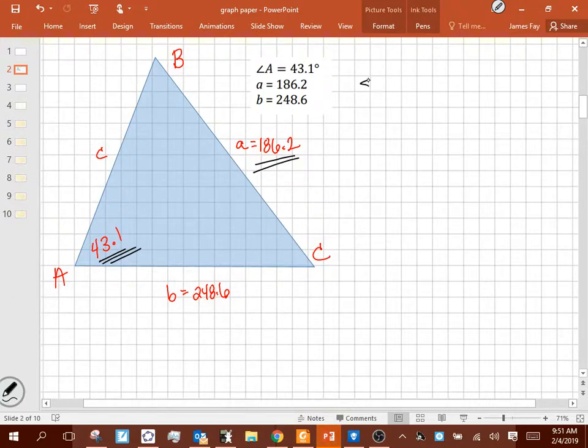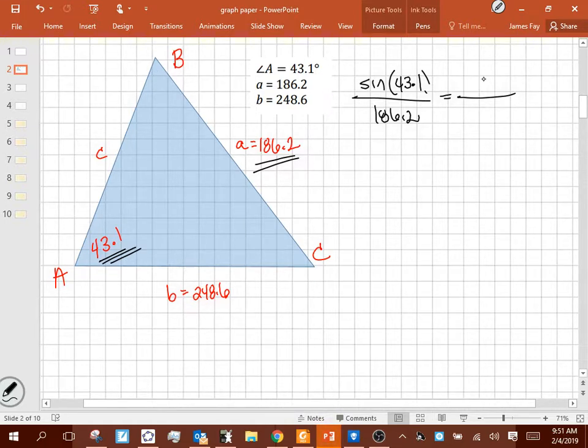So let's say the sine of 43.1 over 186.2. Okay, now what angle would be the most appropriate to solve for here, given the defined values? Angle B, right? Because that's the only angle that I know the opposite side for.